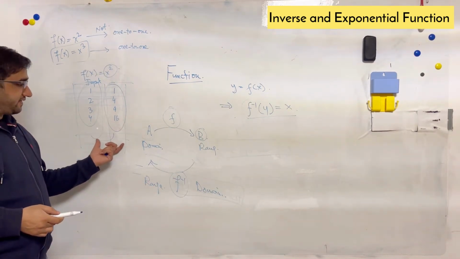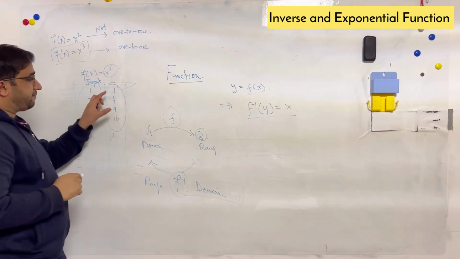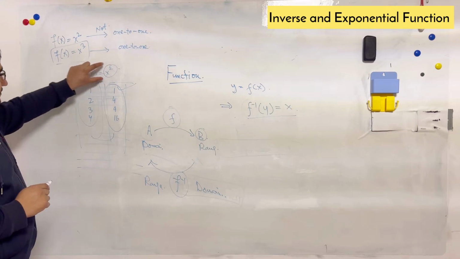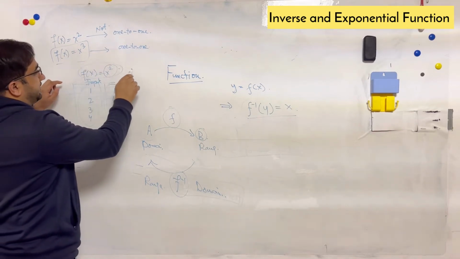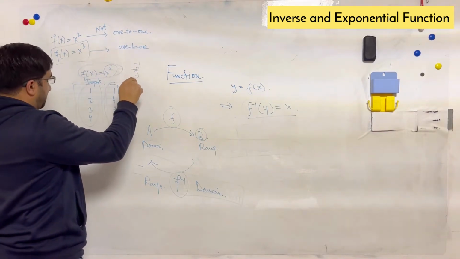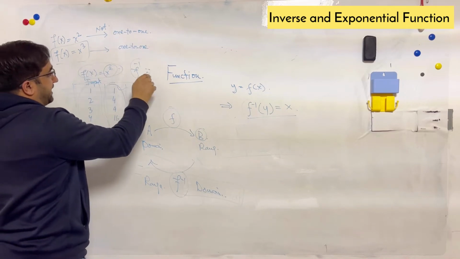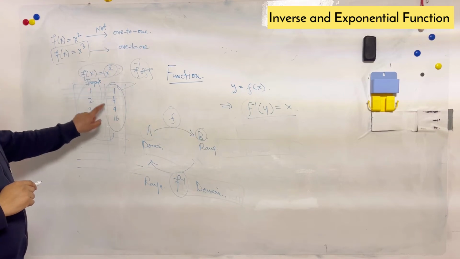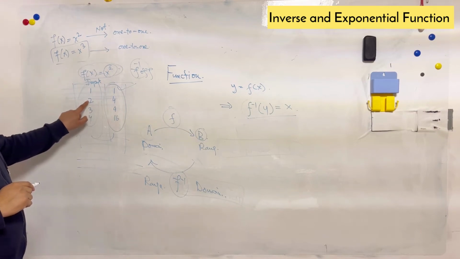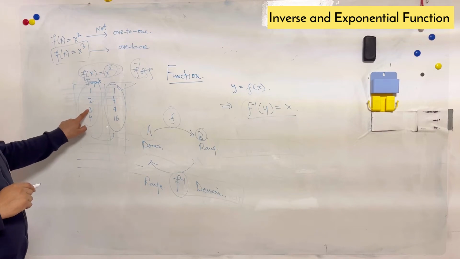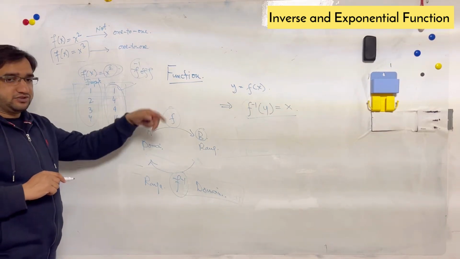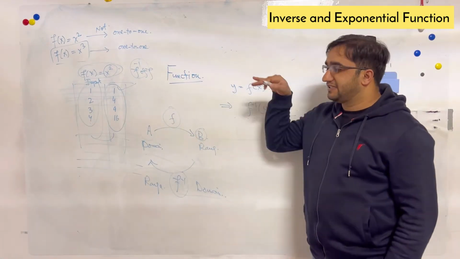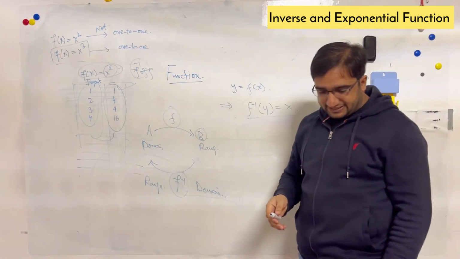In the inverse function, the outputs will be the input, and when you put 1 into f inverse, you get 1. When you put 4, you get 2. When you put 9, you get 3. So you can flip the sets between f of x and f inverse of x.